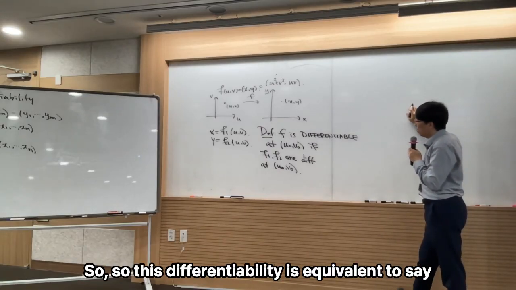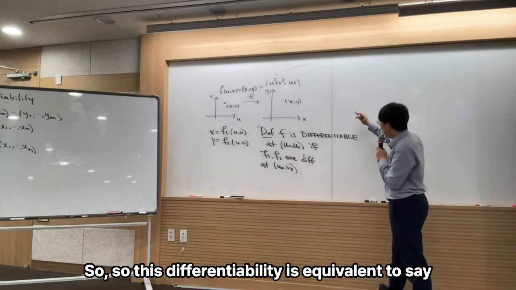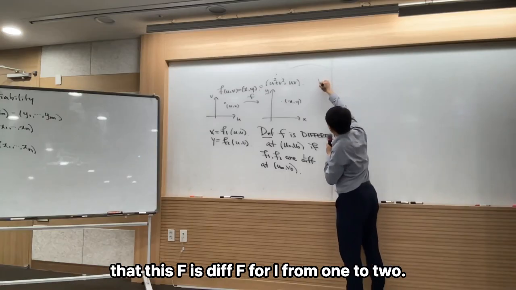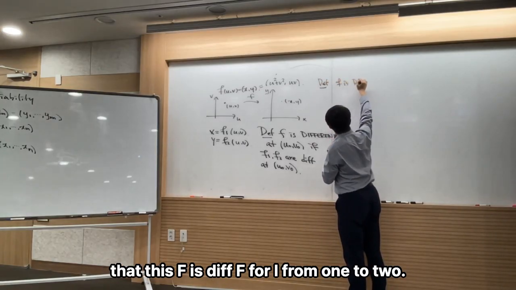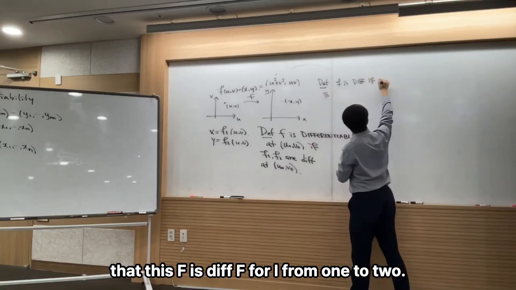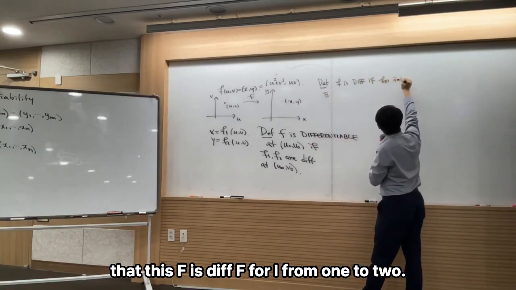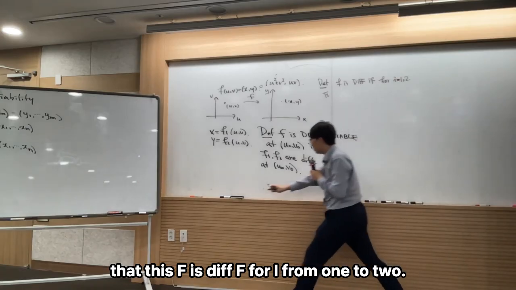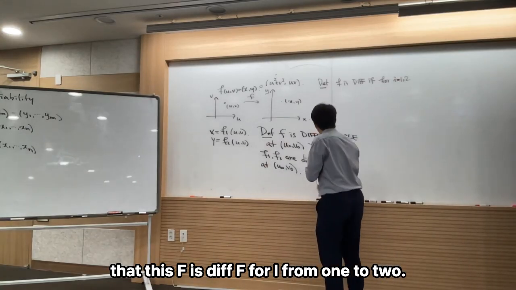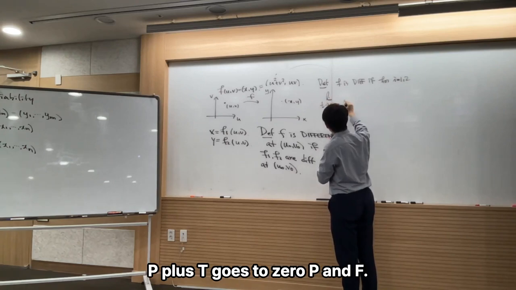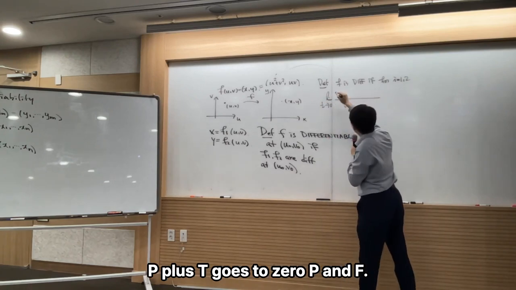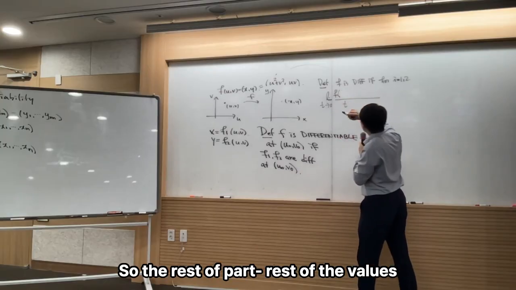So differentiability is equivalent to saying that f is differentiable if, for i from 1 to 2, we have the following.